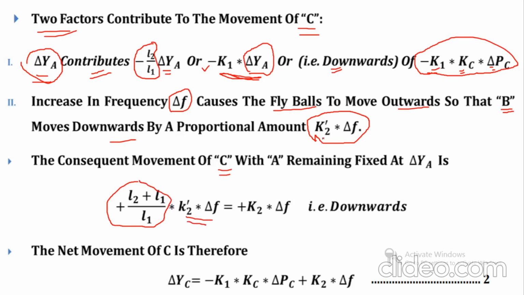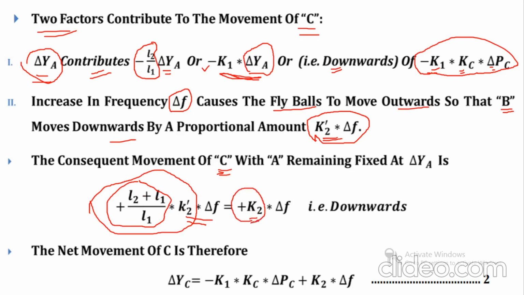This effect will also be there at point C, and that is the proportionality constant of (L2 plus L1) by L1 into K2 dash into delta F. So finally we will consider this as the single constant K2, that is equal to (L2 plus L1) by L1 into K2 dash, and that we have considered as single K2.